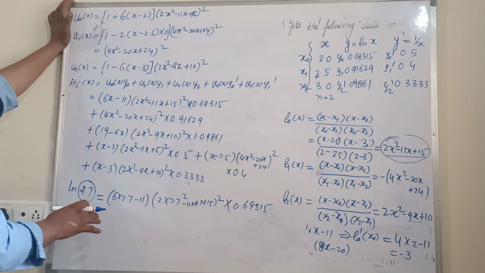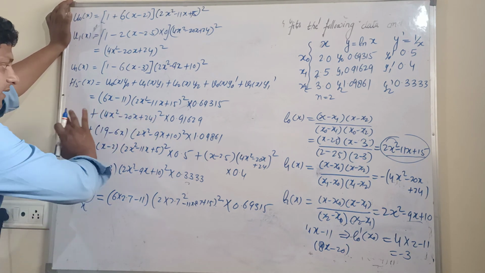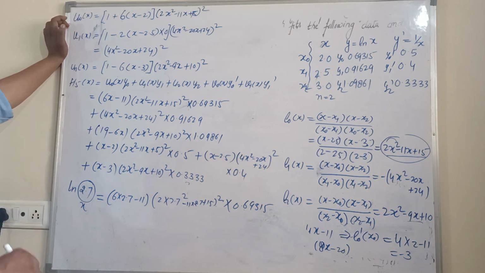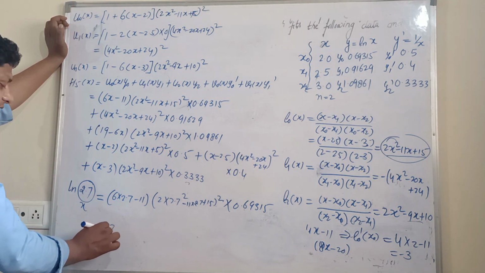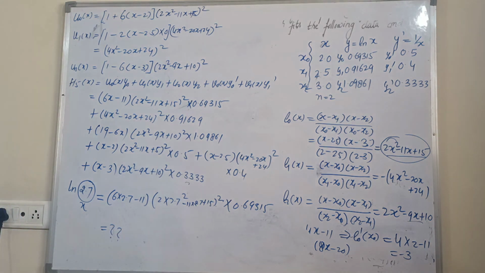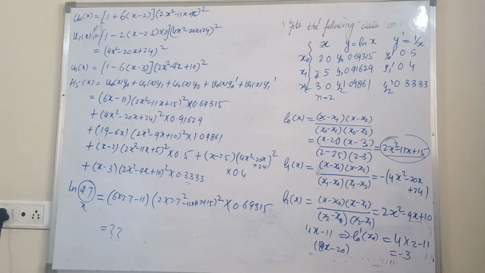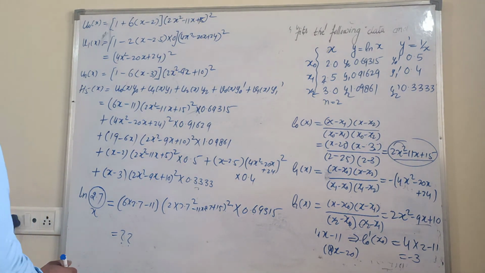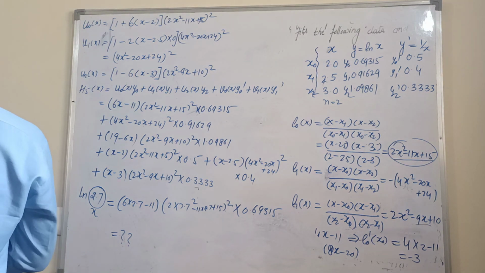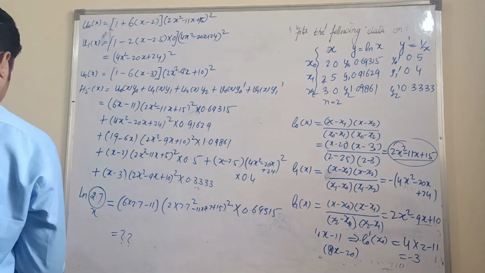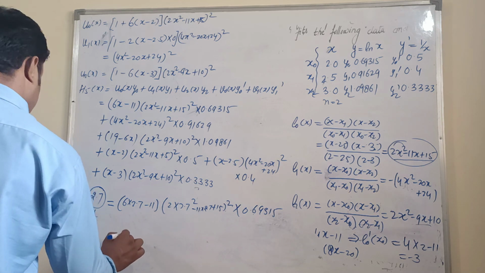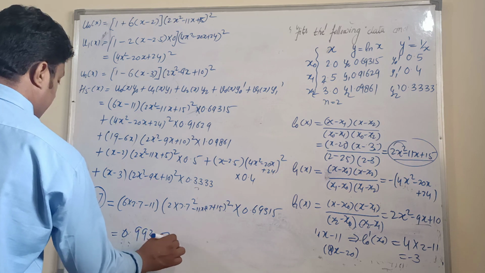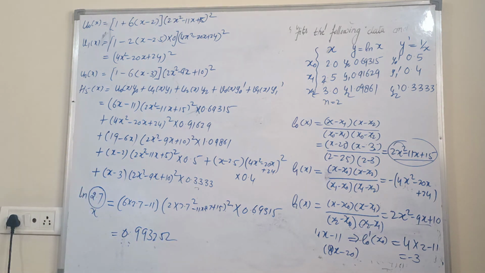So similarly, put the value of x in all the expressions and just press equal on the calculator. You will find the desired answer. The answer is 0.993252, which is correct to 6 decimal places.